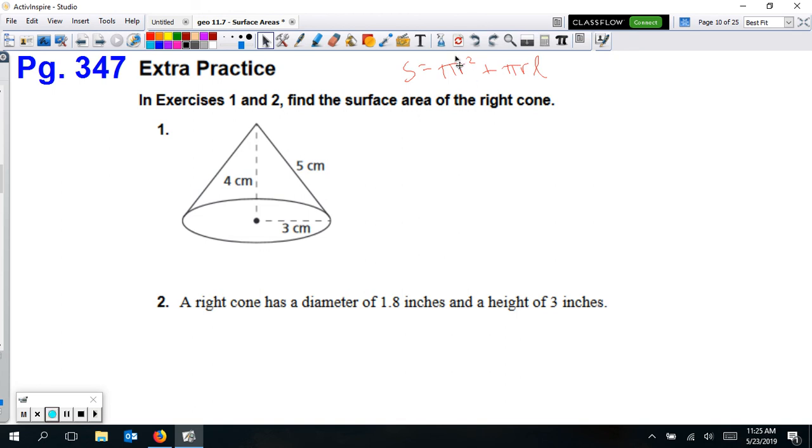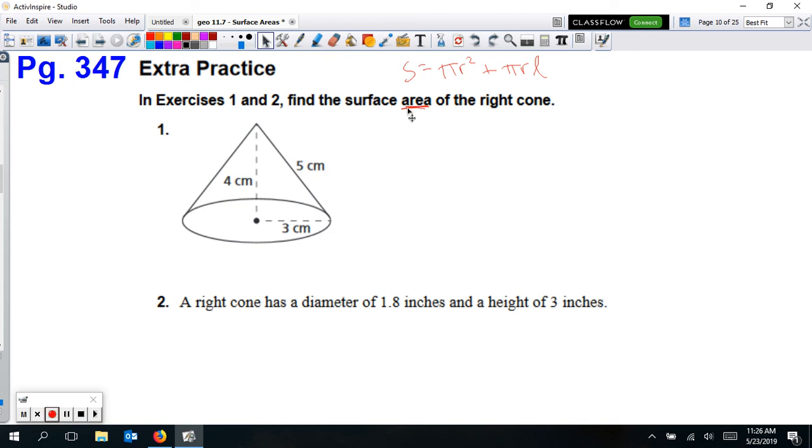So the surface area is the area of the base, pi r squared, plus the lateral surface of the cone, which is pi times r times L. Remember, that's how we got that sector, the area of the sector, which wraps around the outside. Now remember, this is area, so the units, we have centimeters here, will be units squared because we are talking about area.